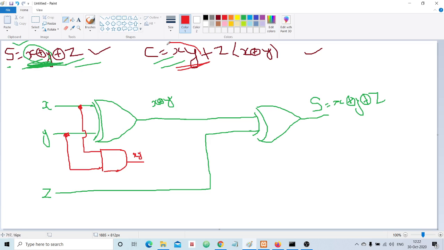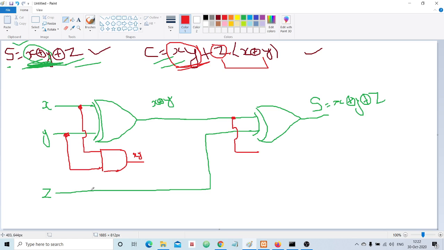Okay, we completed with xy, and now what we have to do? We need to perform an AND operation between z and x exclusive or of y. And here can I get x exclusive or of y? Yeah. Okay, take x XOR of y here. Then you need z, right?